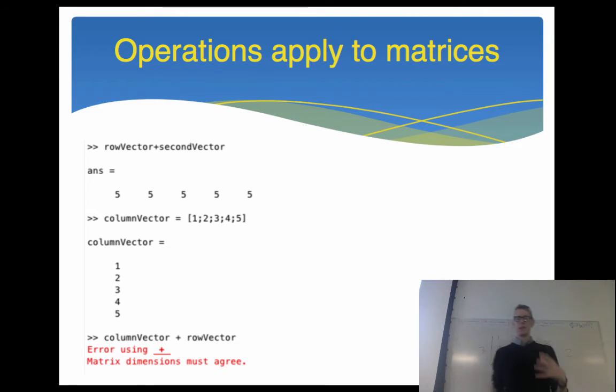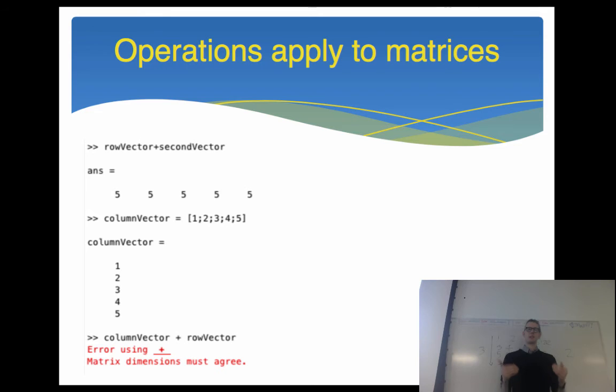Now, for some operators, it would be fine with this. You know, you can do matrix multiplication and stuff on matrices that are different sizes. But for now, if you're adding things together, make sure you're aware that they need to be the same dimensions. You might find, as we get more advanced and we're importing data, that sometimes things are imported as columns and you want them as rows.